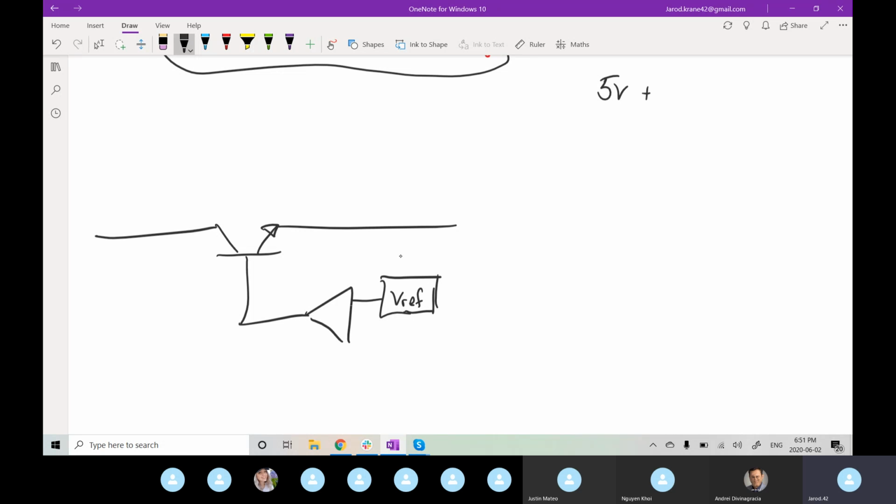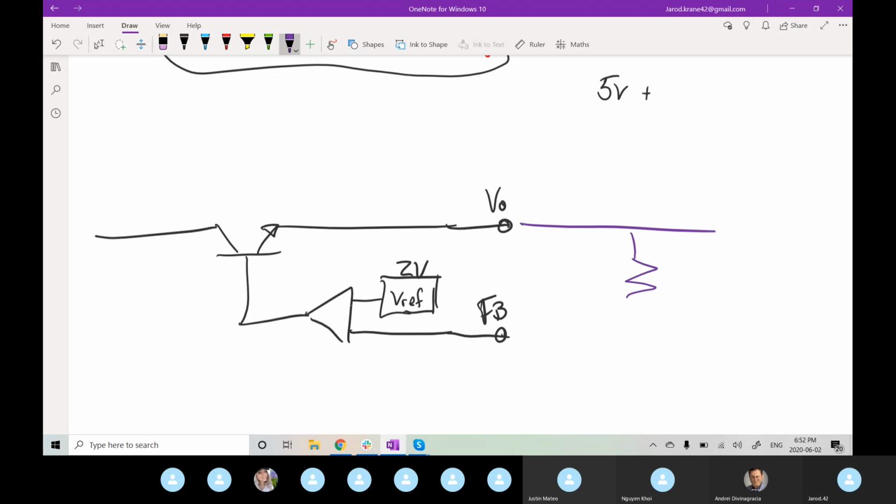We'll have whatever Vref, again call it 2 volts, and this time, so that's your V out, and that's your feedback pin. External to the device, you place these resistors. And that's your now V out.